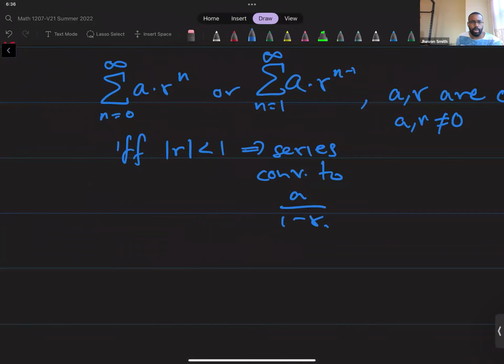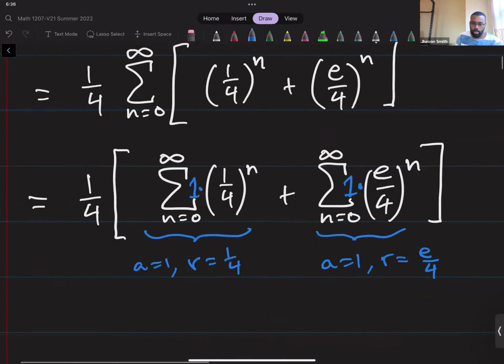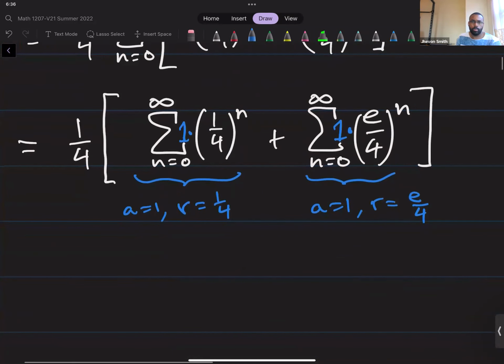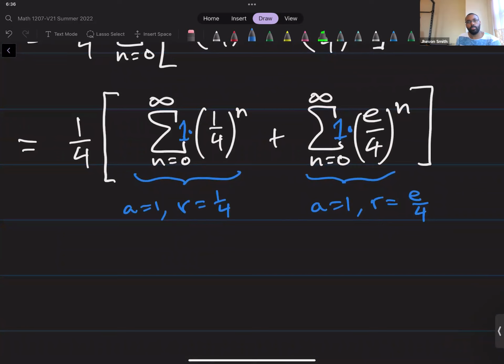I would have to check that in absolute values, this thing is less than 1, right? So does a quarter fit that description? Is a quarter less than 1 in absolute values?